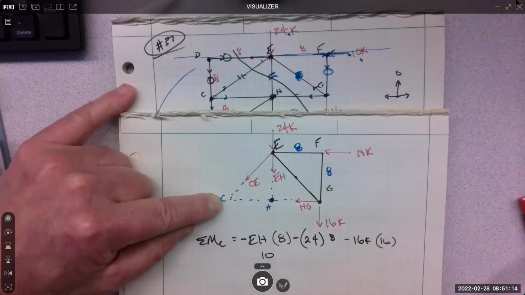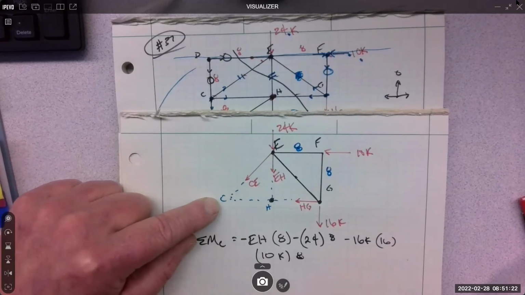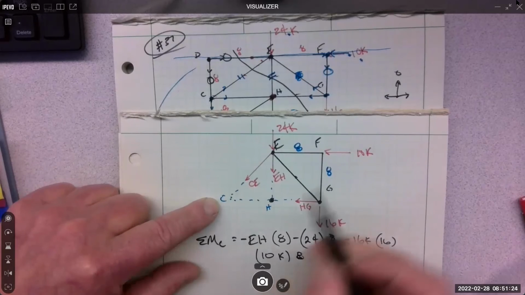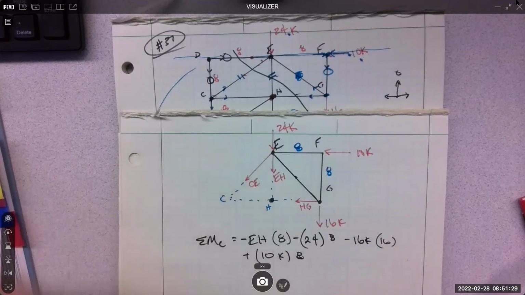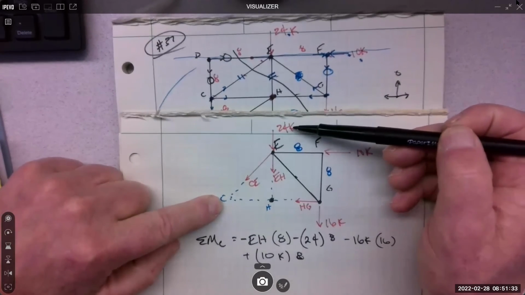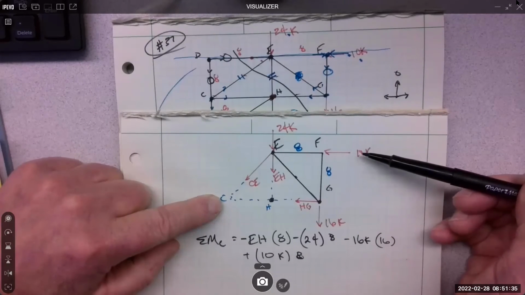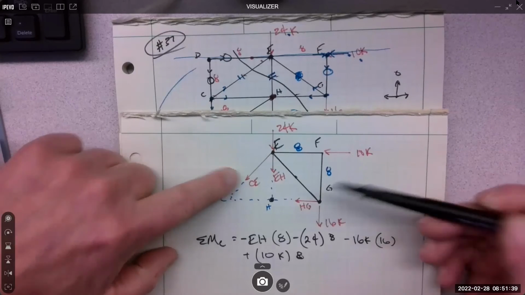He's trying to make me miss the 10K. But we can keep up with him. 10K times, yep. And the rotation. Yep. All right, let's just make sure we got them. We got the EH, we got the 24, we have the 10K, we have the 16, and then those two drop out.